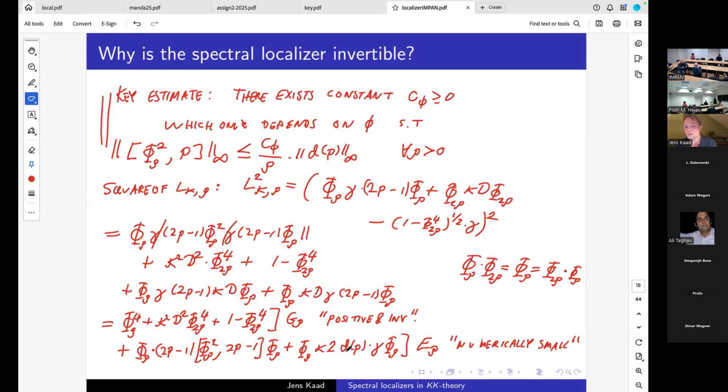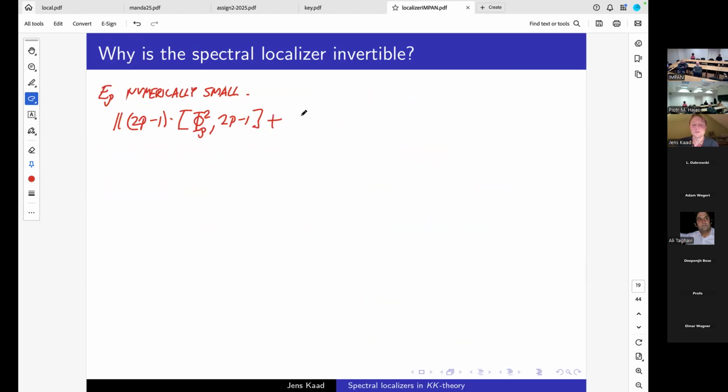That's this 2 kappa quantum derivative of p times gamma. And I want to estimate the operator norm of this sum.